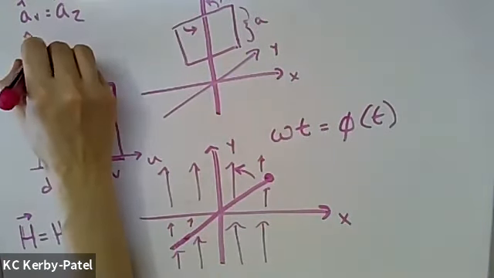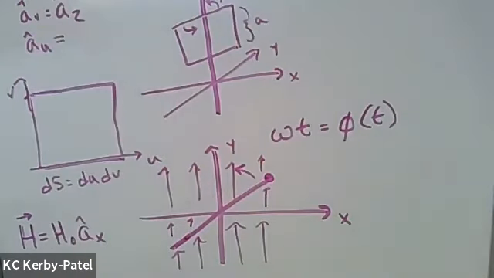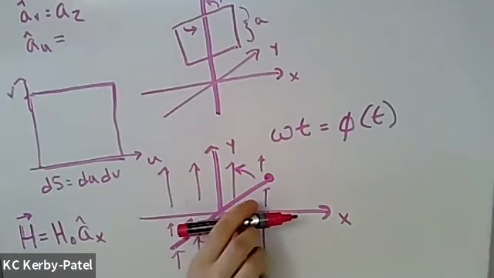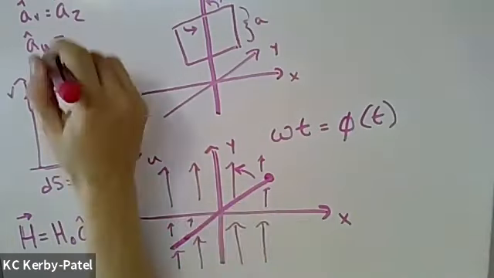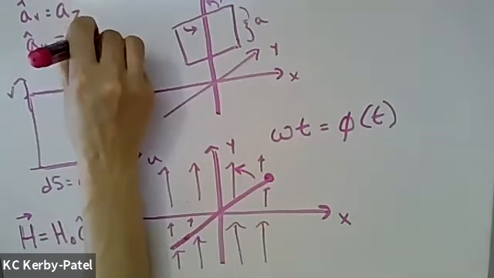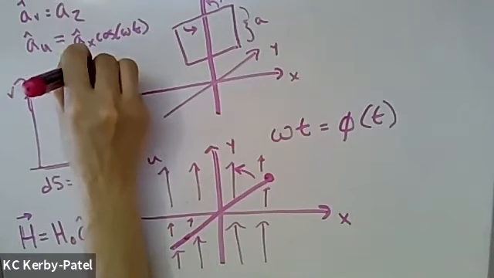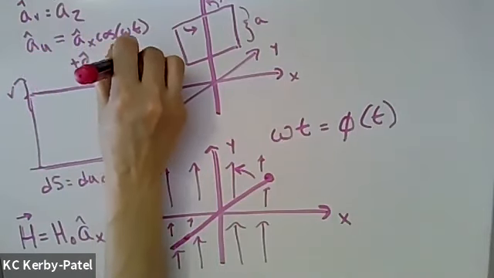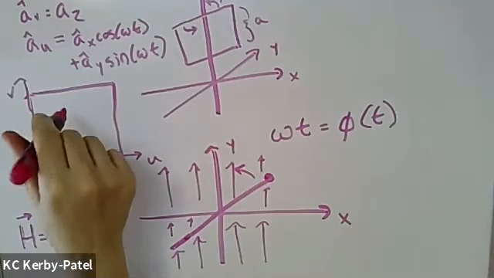A hat u, on the other hand, is equal to, let's see, when t equals 0, I'm going to say that it's along the x-axis. So that means a hat x cosine of omega t plus a hat y sine of omega t. So now I have these time-dependent unit vectors that are defined in this coordinate system.